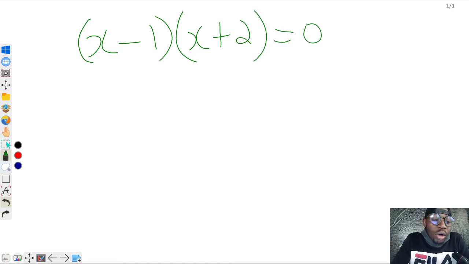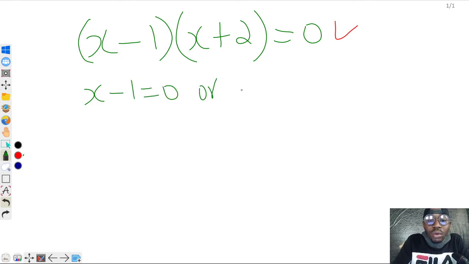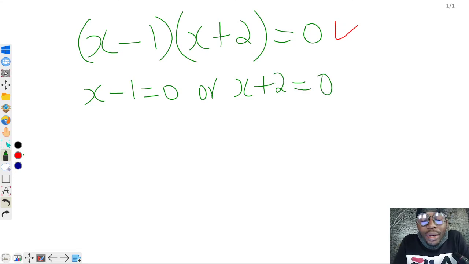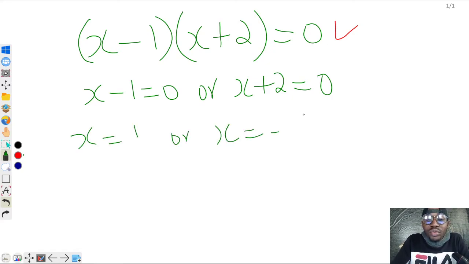All right, because of the 0, we are going to do the very same thing, without much distress. x minus 1 is equal to 0 or x plus 2 is equal to 0, just because we had a 0 on the right hand side of the parenthesis, of the equal sign. Okay, so x is equal to 1 or x is equal to -2, so nothing fancy here. So this is how we do the question.